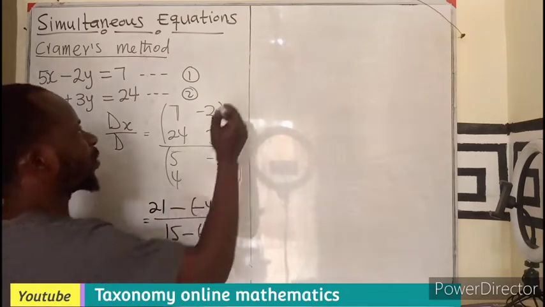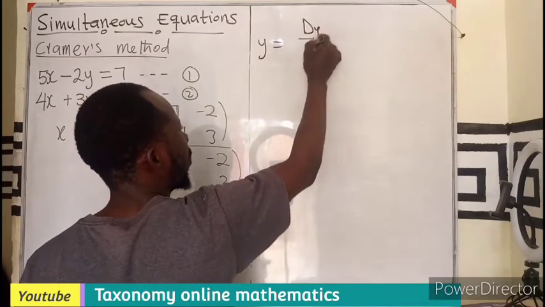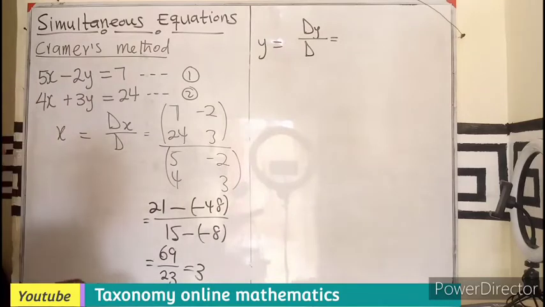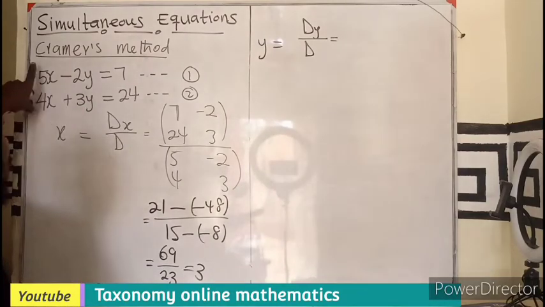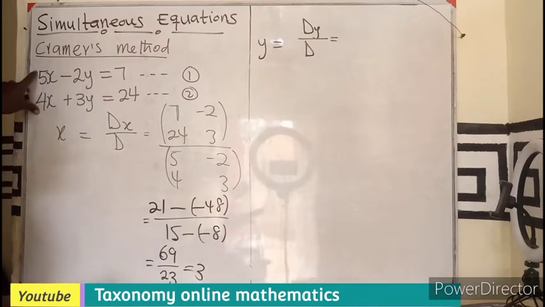Now, if I want that of the y, looking for y, that will also mean the determinant of y over the actual determinant. So in this case, we are going to ignore the y values and pick these values.